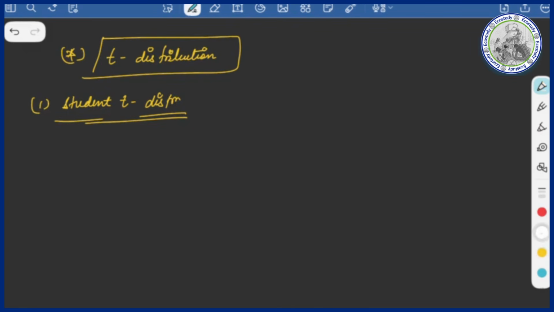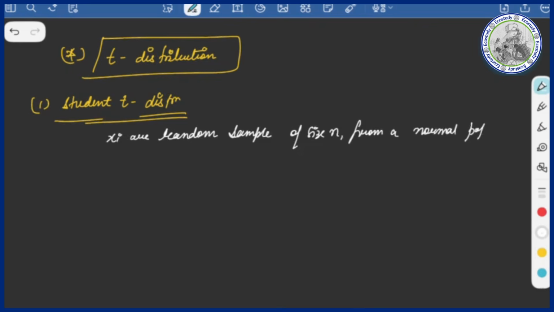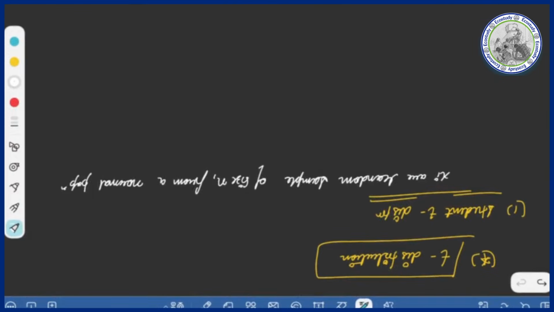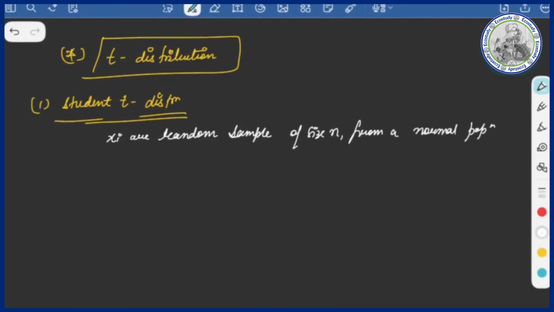Let the xi's be a random sample of size n from a normal population with mean mu and variance sigma square.